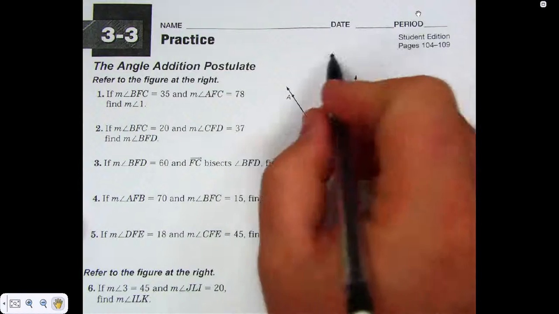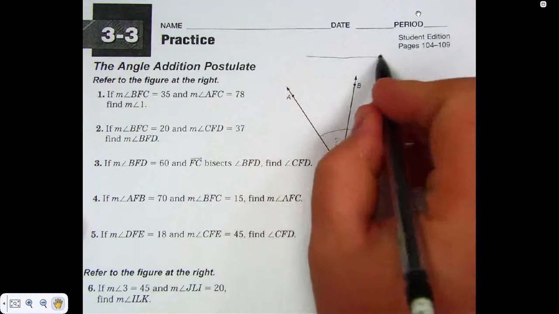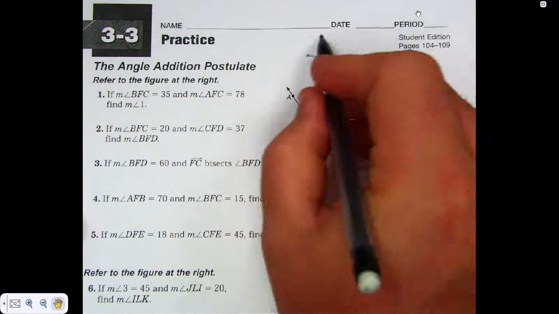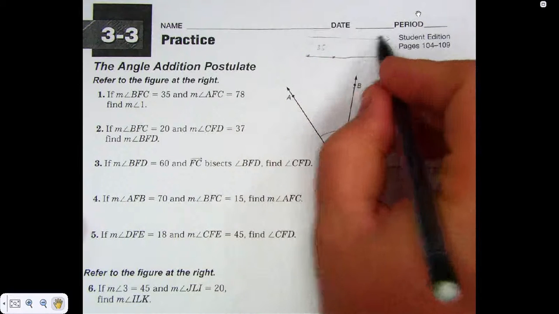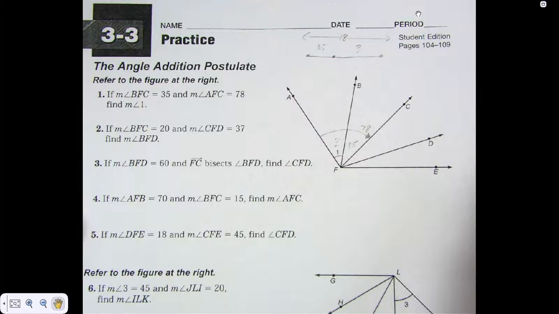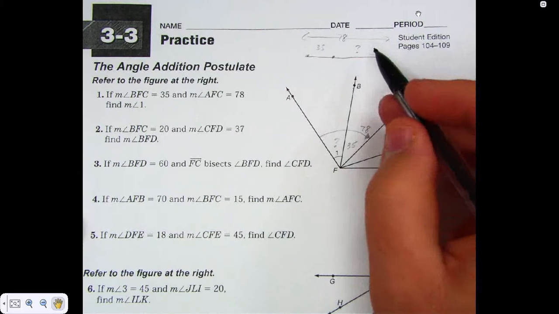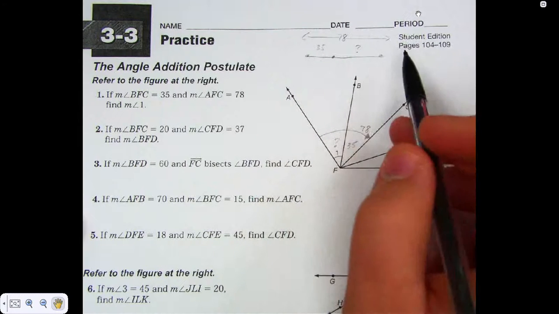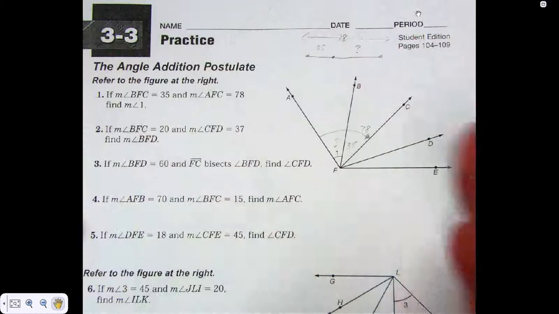So this problem is basically just like a problem if I said from here to here was 35, and from here to there was 78, what would be left? Isn't it the same concept here? We're more used to measuring along a straight line. You drive this far, you walk this far.